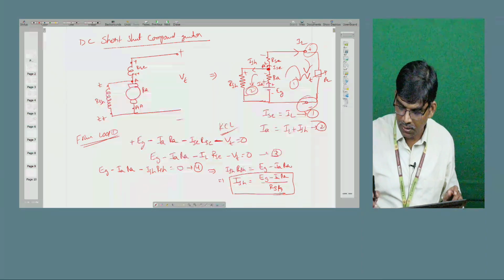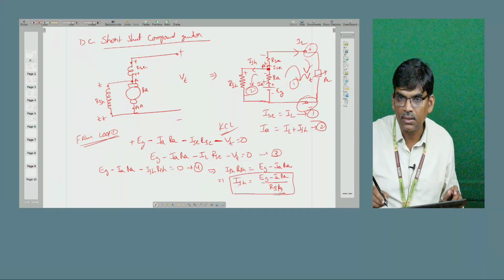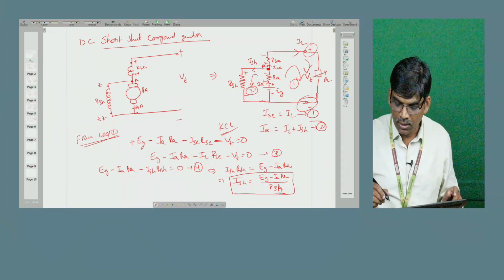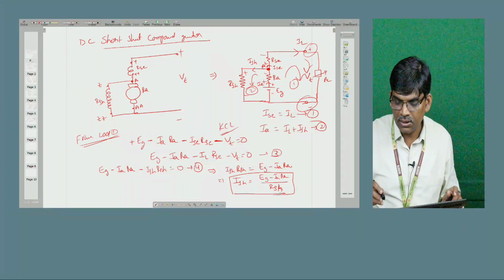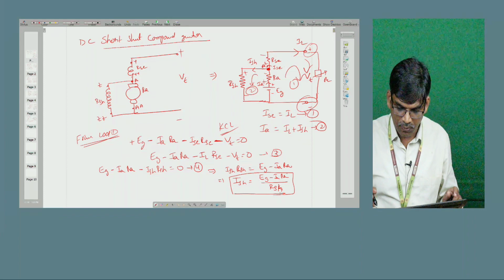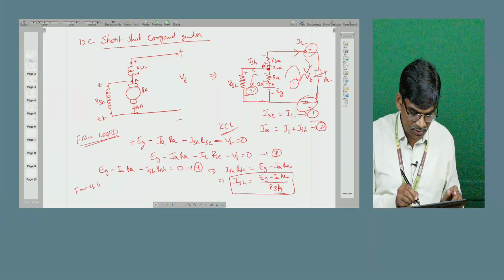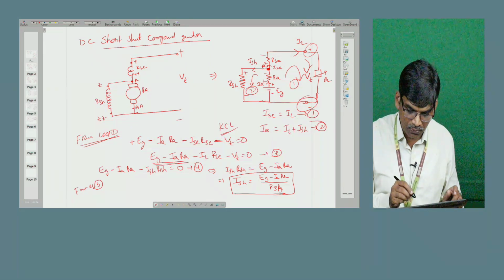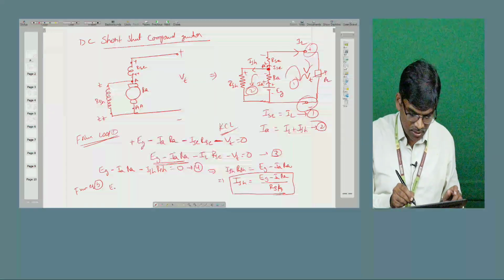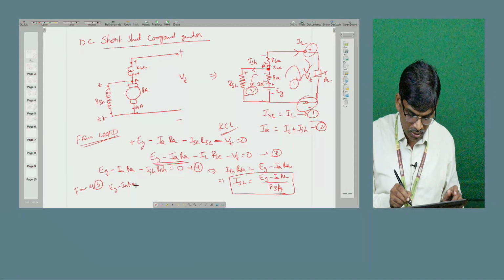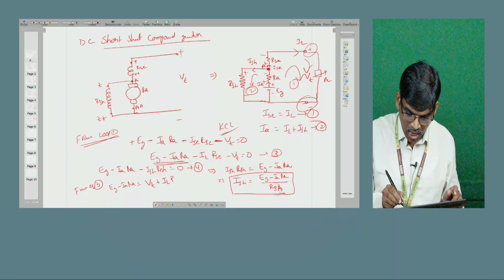Once RSH is known and you want to calculate ISH, this is the formula. But if only the terminal voltage is known and the induced EMF is not known, how can you write it? From equation 3, EZ minus IA RA is equal to Vt plus IL RSC.